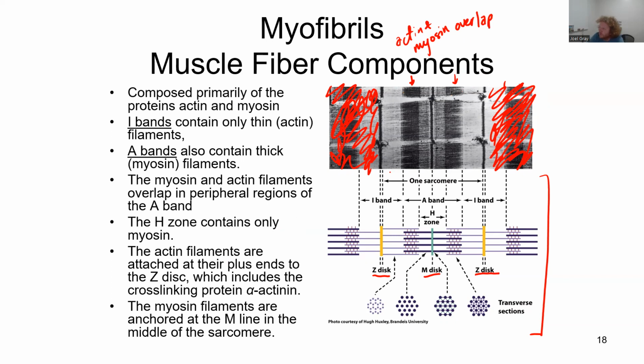So I'll draw actin only, actin and myosin, and then this region in what is known as the H zone is only myosin.